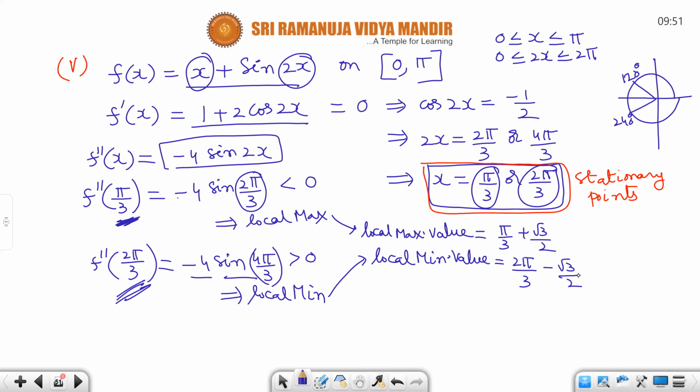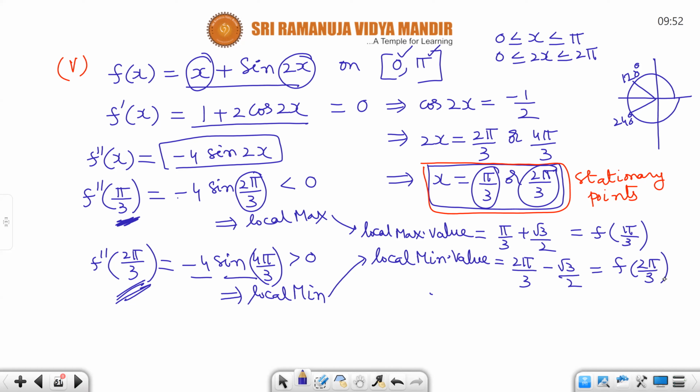Next, these are the local maximum and local minimum values. Now we have to see the values at the endpoints of the interval, 0 and pi. The local maximum value is f of pi by 3 and the local minimum value is f of 2 pi by 3.